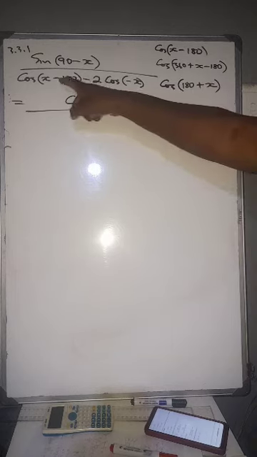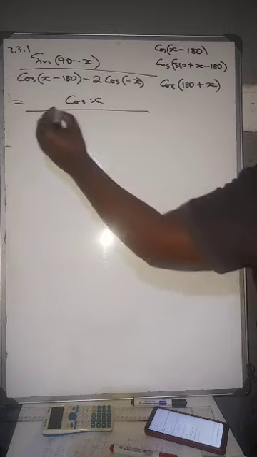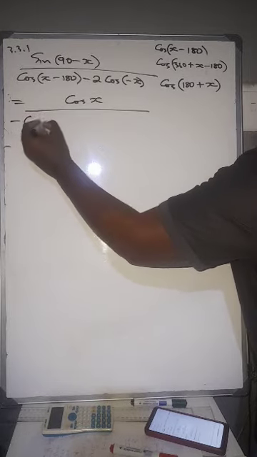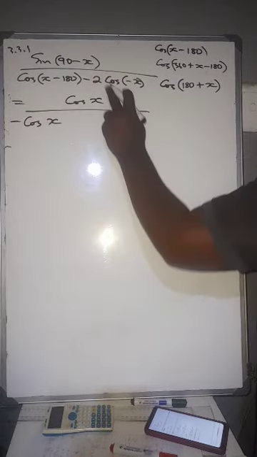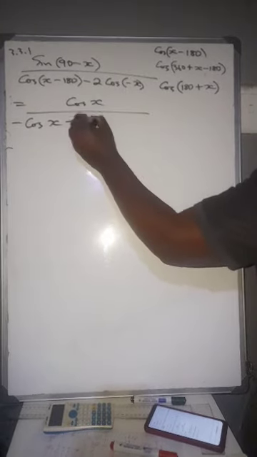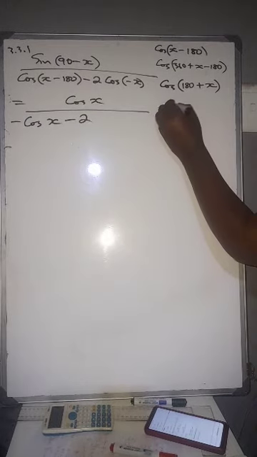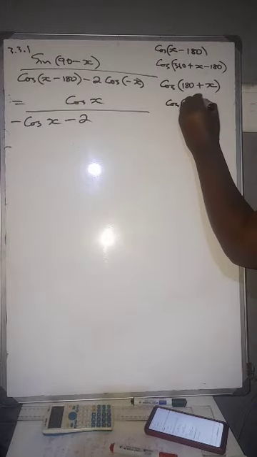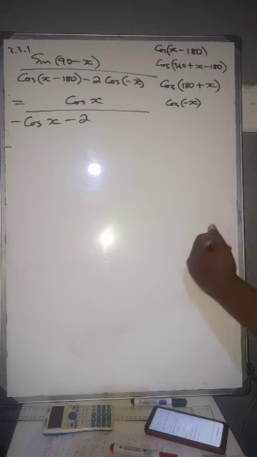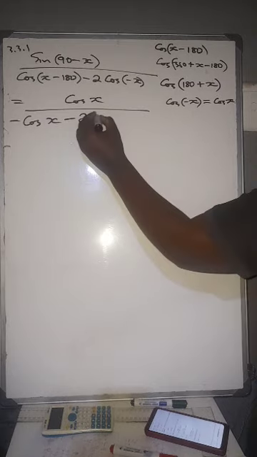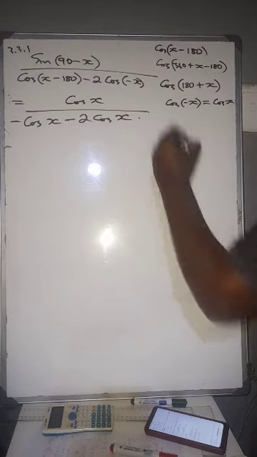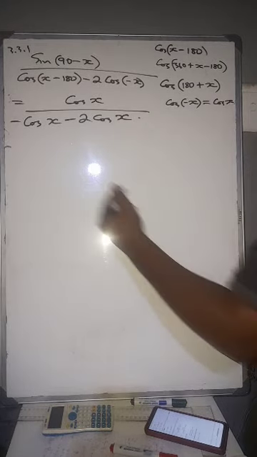So this angle here is in the third quadrant and cos is negative in the third quadrant. So this is negative cos x, minus 2 times cos of negative x. In the previous question we said it is in the fourth quadrant, so it's just cos x, it is positive. And then what do we do next?